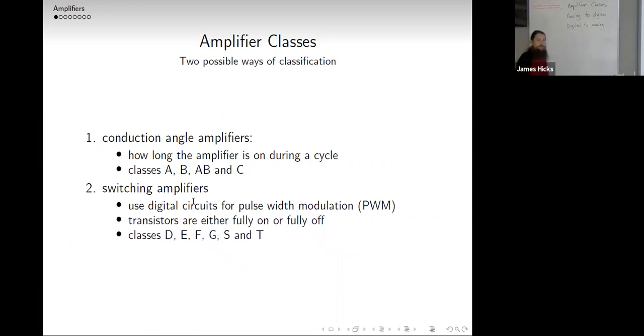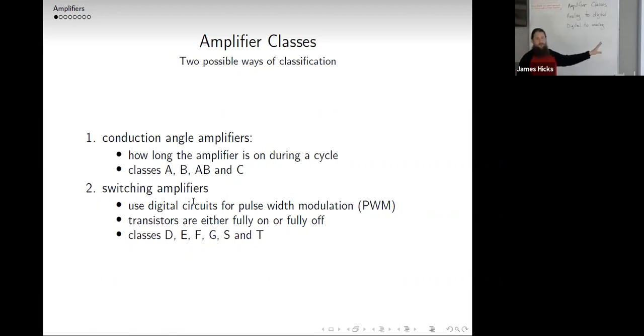The other type of amplifier that's really common now is a switching amplifier. The way that this works is it's a digital amplifier. So the very first thing it does is it digitizes the signal that's coming into it. That's what this pulse width modulation is.